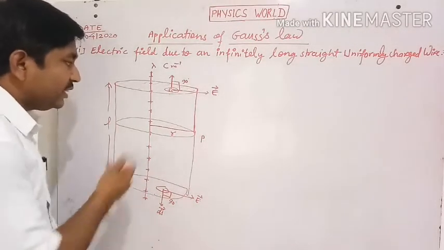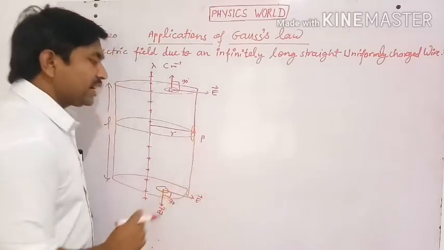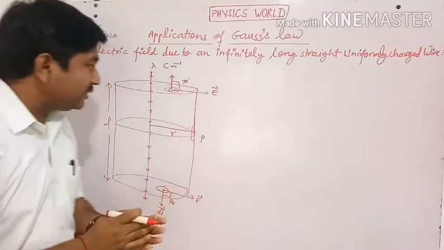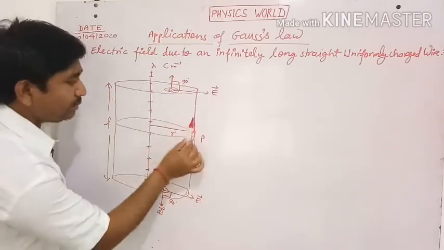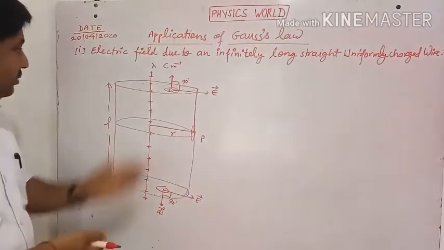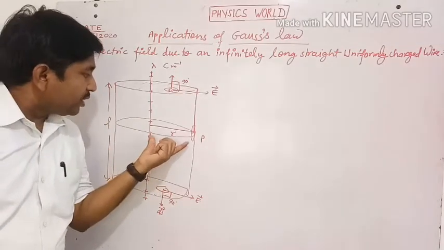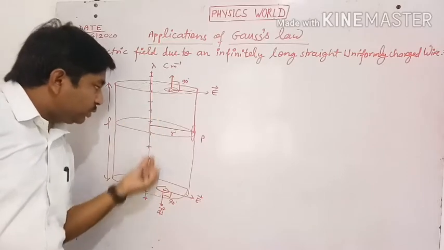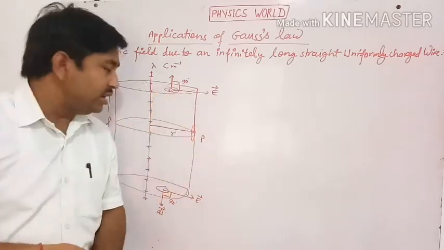If we take a small area element at any point on the curved surface, then we can easily observe that every point on the curved surface is equidistant from this linear line charge wire, and the value of the electric field intensity due to this wire at every point on the curved surface is the same.